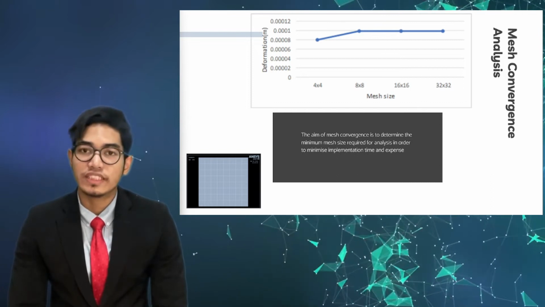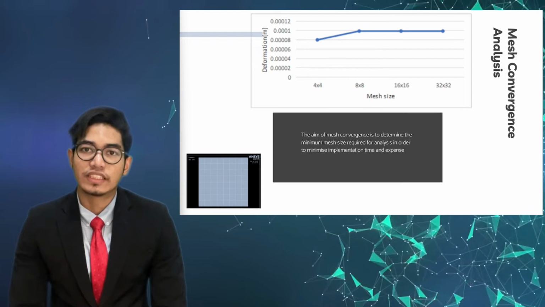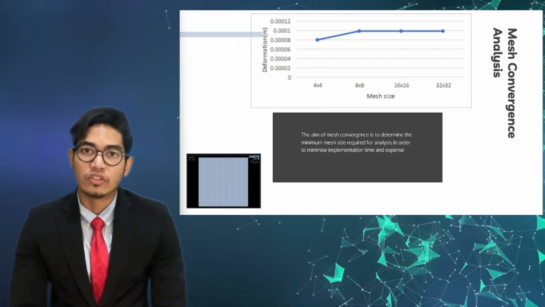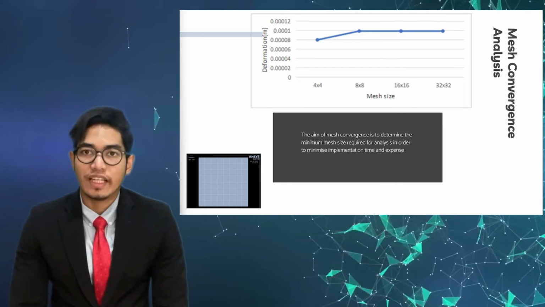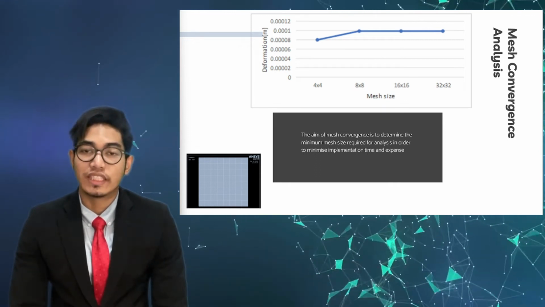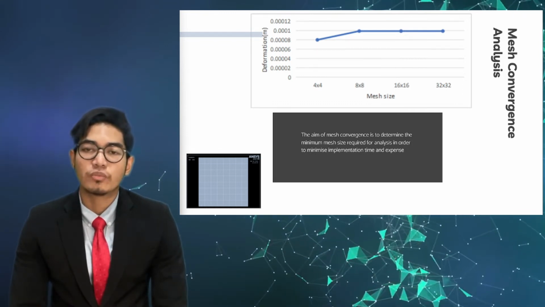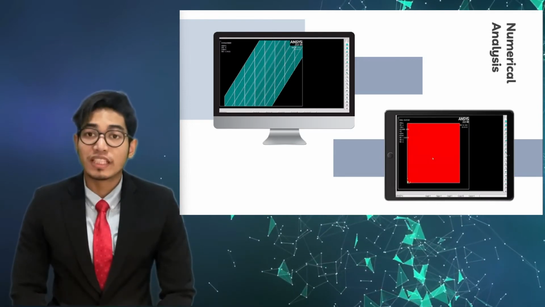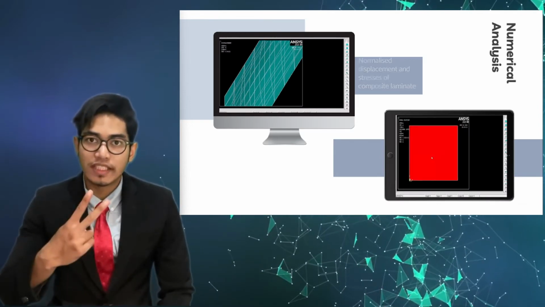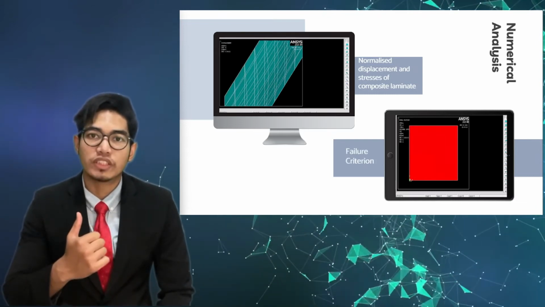Mesh convergence analysis is to determine the minimum mesh size that gives a stable result when load is applied to the material. As shown, 8x8 and bigger sizes give a stable result, where the material will deform at 0.0001 meter.